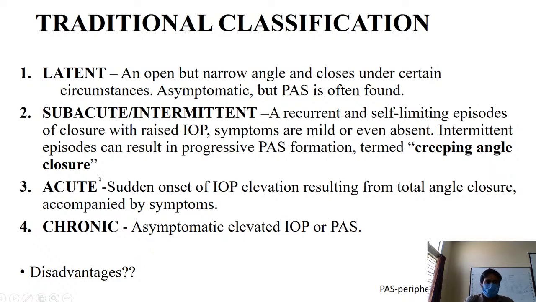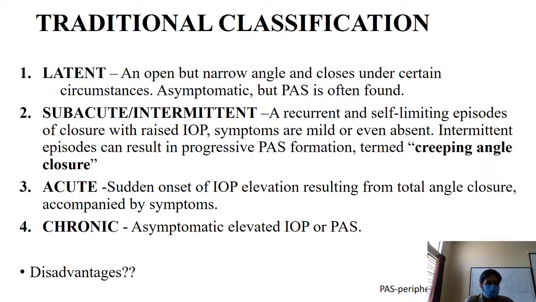This is the latent. In subacute or intermittent, there are recurrent self-limiting episodes of angle closure with raised IOP, and symptoms may be mild or absent. Most commonly, the patient has mild eye pain or mild headache, and it subsides on its own. There is no need for any treatment in subacute or intermittent.